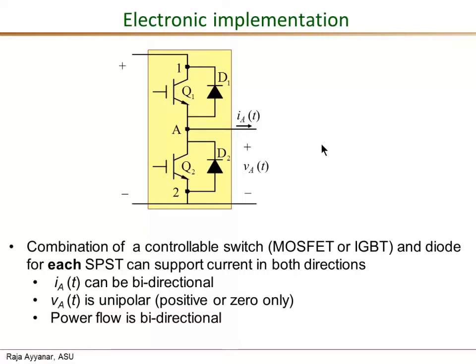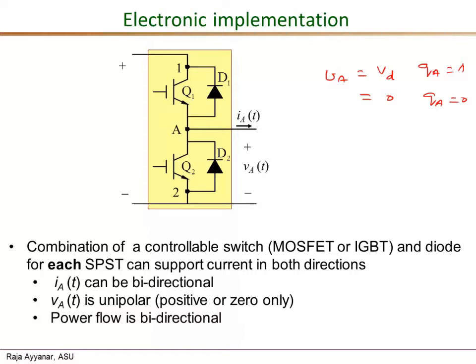unipolar. So in the previous slide we saw that VA equals the input DC voltage VD when QA is 1, and it is equal to 0 when QA equals 0. Therefore both the instantaneous VA as well as the average VA cannot be negative. It is only unipolar. Okay? But with the current being bidirectional, we can support bidirectional power flow.